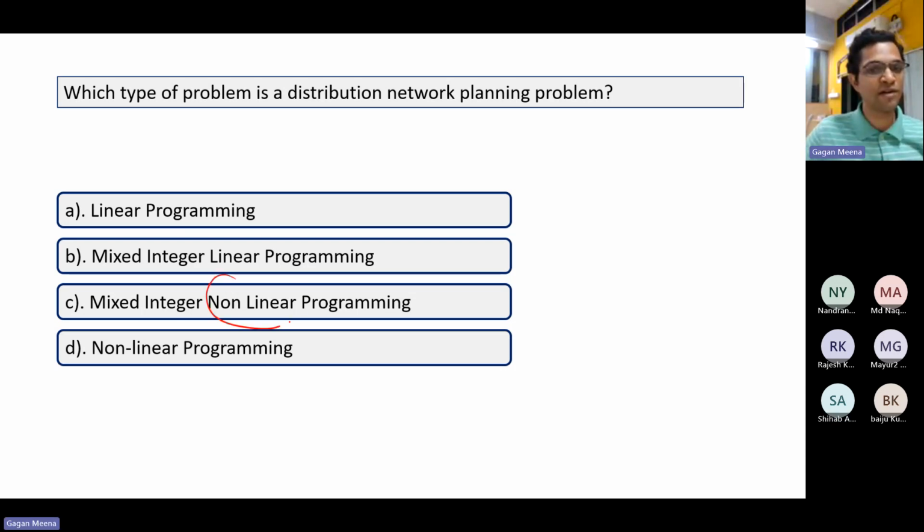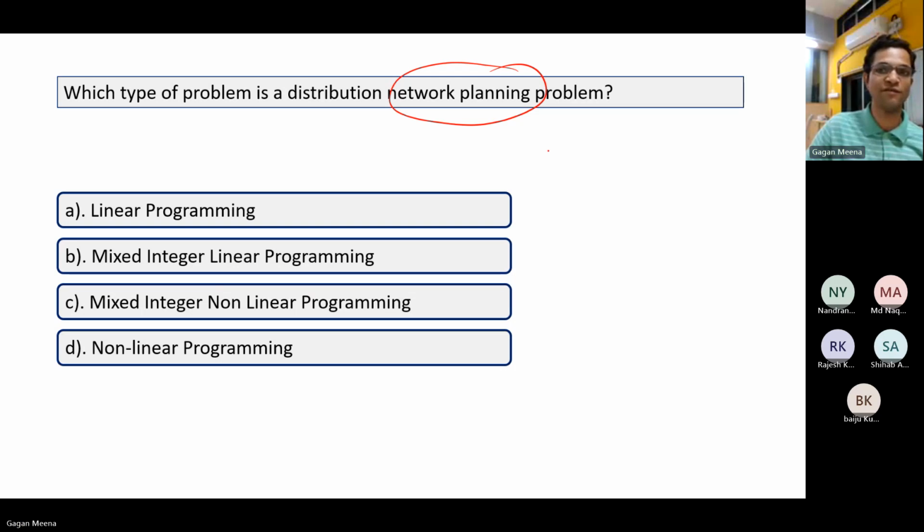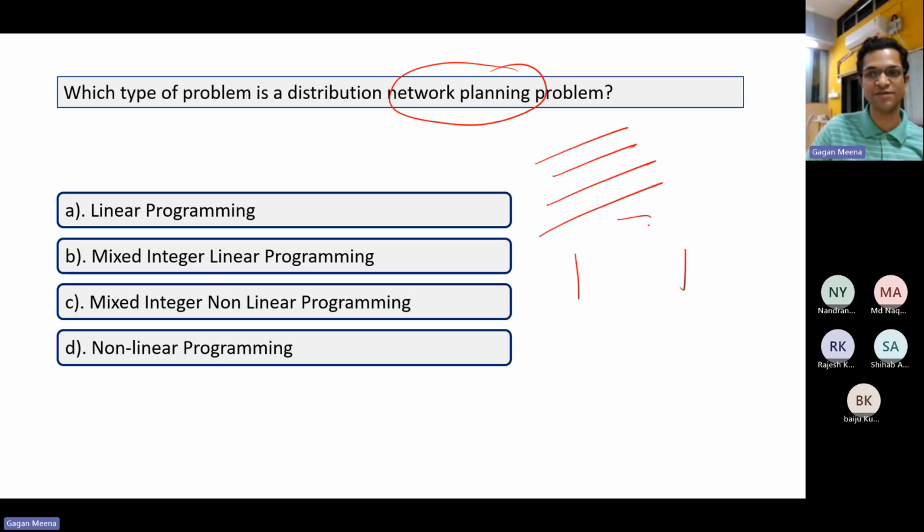Non-linear because of sine and cosine terms, and then integer because we want to choose. A network planning problem is which line to build, right? If we have 4 buses, let's say there are already these 4 lines. Now, because of increase in load, the possible options for expansion are these 3 lines.